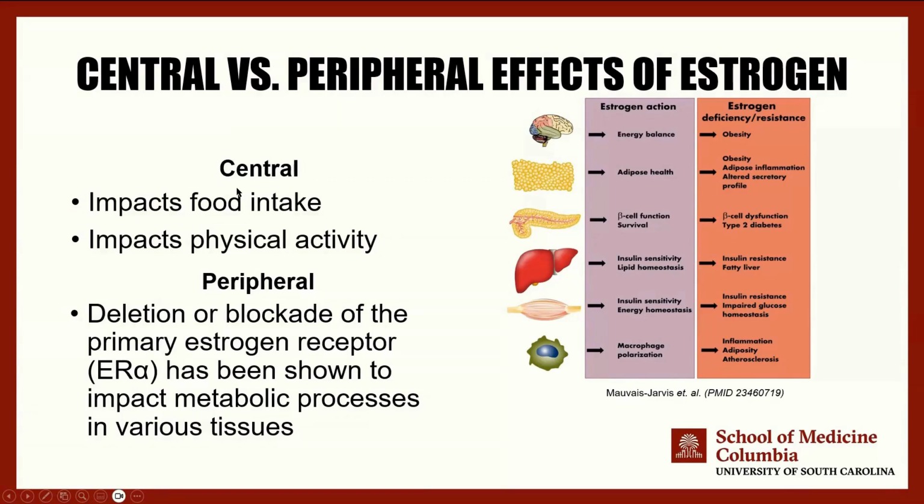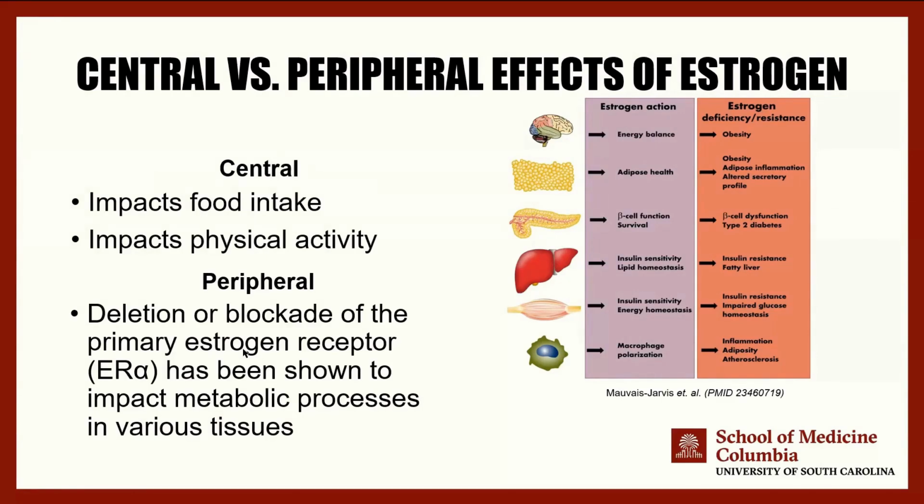So estradiol impacts food intake and physical activity. And peripherally, primarily through deletion or blockade of the primary estrogen receptor, ER alpha, scientists have been able to assess the impact that estrogen signaling has on peripheral tissues.